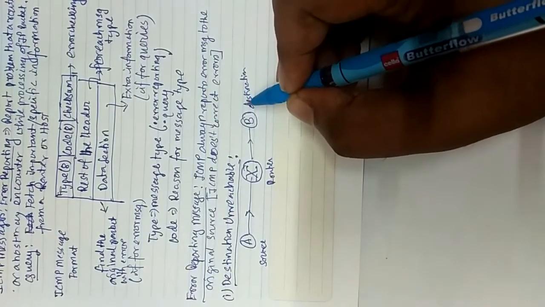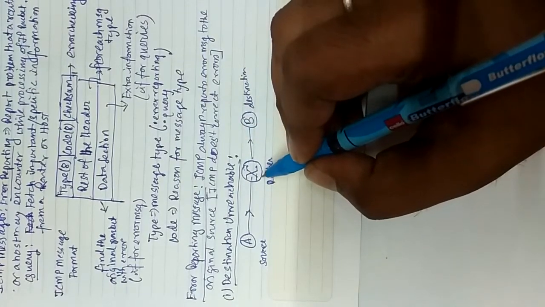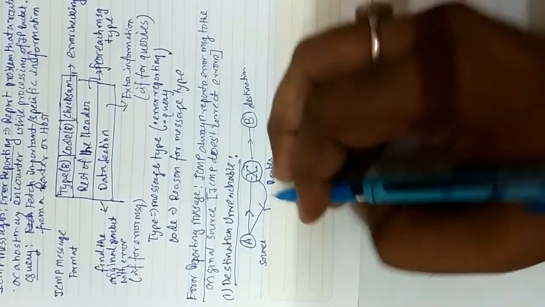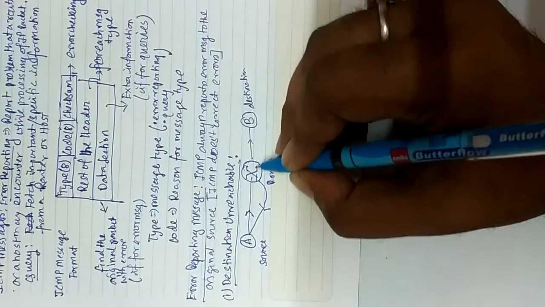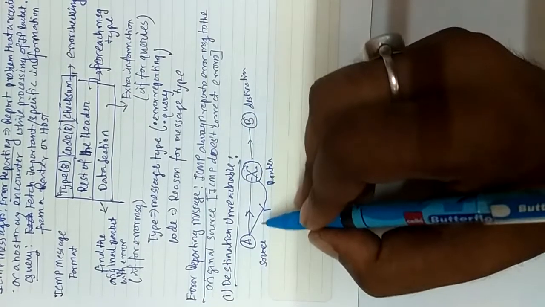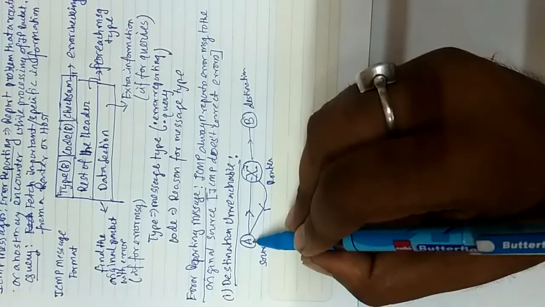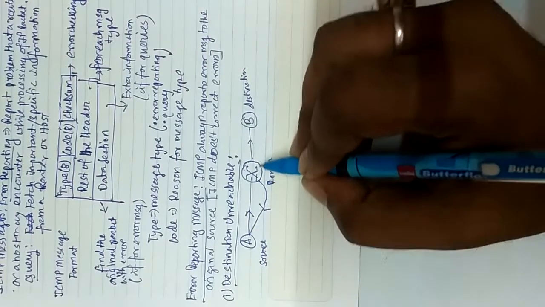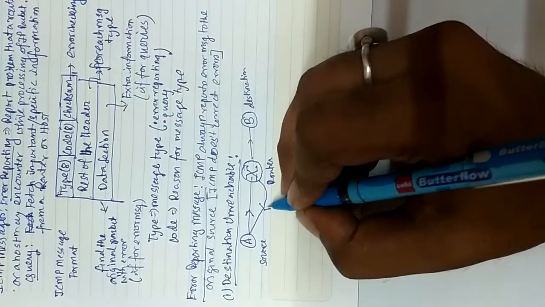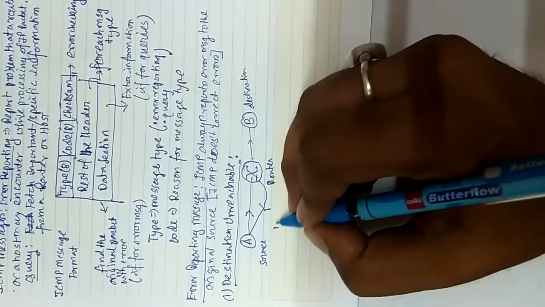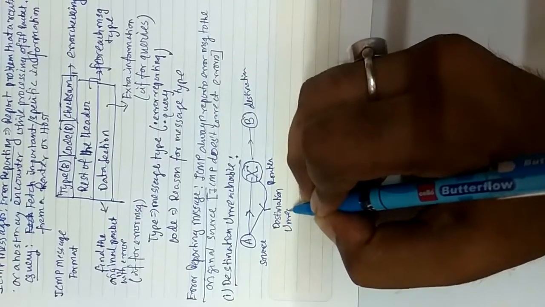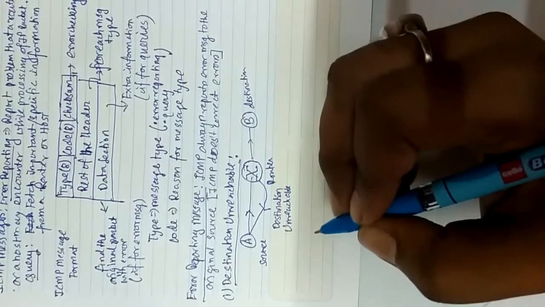So it will report a destination unreachable message to the source. When a message is intended to go from A to B via this router, and if destination B is not found, it will send the destination unreachable message to A. So this is destination unreachable.